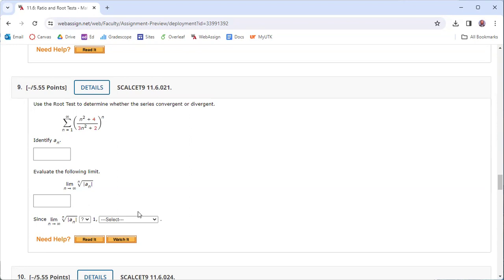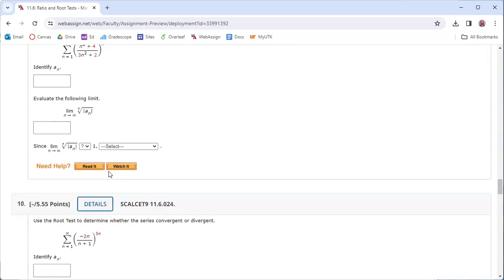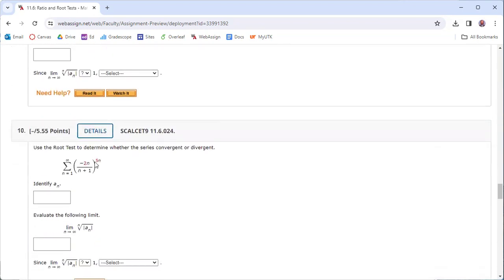So the root test is just a different lens through which to draw comparison to a geometric series, but it's particularly effective when we have series with something raised to the nth power, or even something raised to the 5n power. Because once you cancel the n away, the 5th power will still remain in your limit, and you'll have, in this case, -2, the ratio of the dominant coefficients of the rational function, -2 to the 5th.